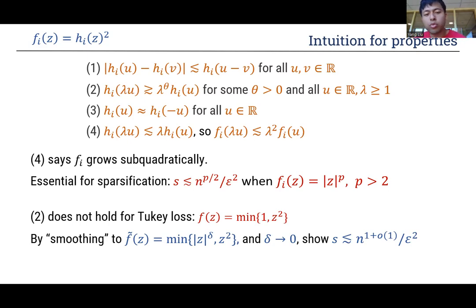So basically, we smooth the Tukey loss for very small constants delta, and then we take delta to 0, we trade off, and somehow this eventually gets s at most n to the 1 plus little o(1) over epsilon. So condition 2 is, in the end, not so important. Really, the auto-Lipschitzness is the condition that really makes sparsification possible in some sense.